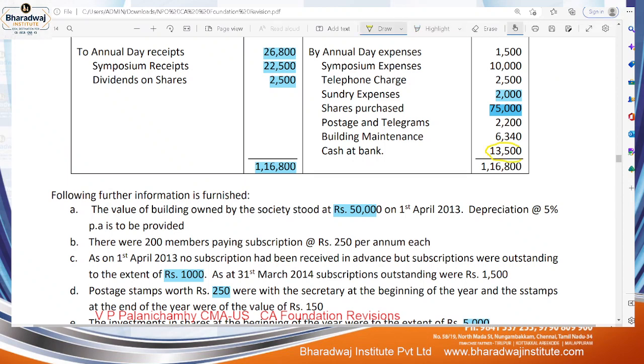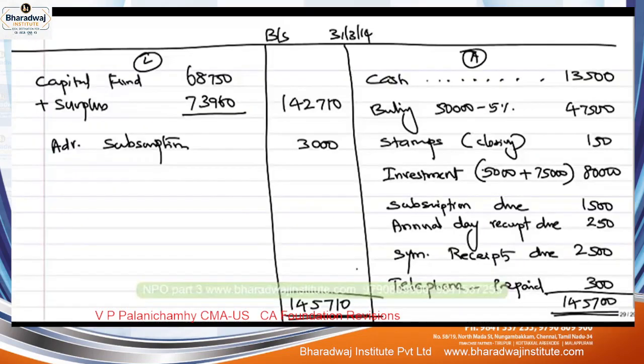There is a mistake in this. It's actually 13,510. That is why the difference comes. So change the cash balance to 13,510.